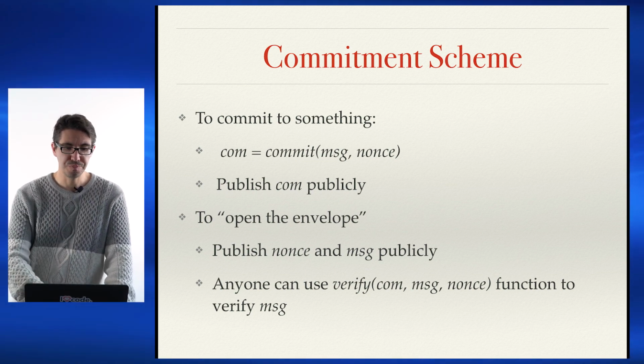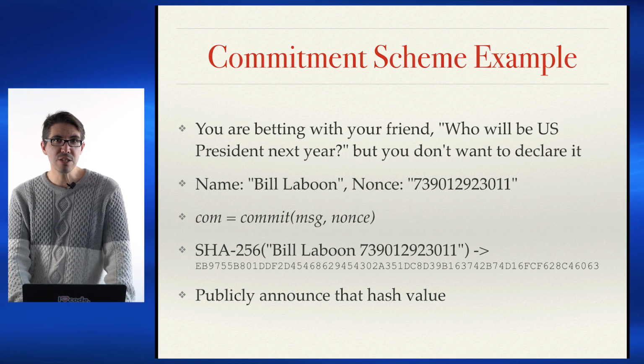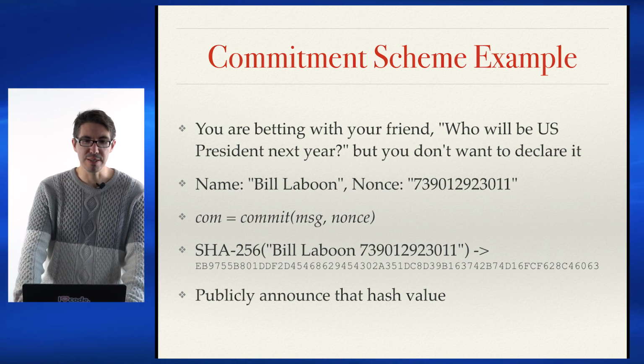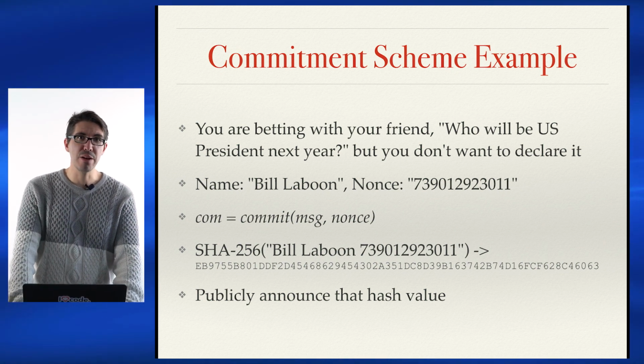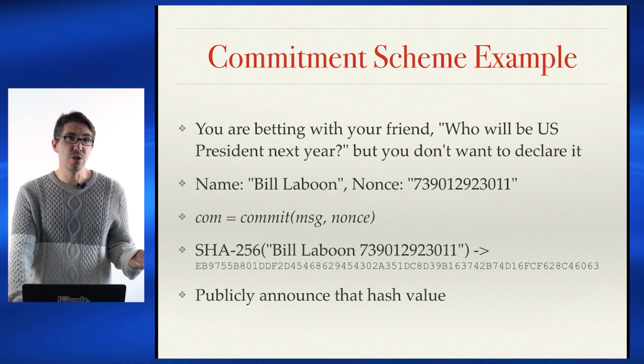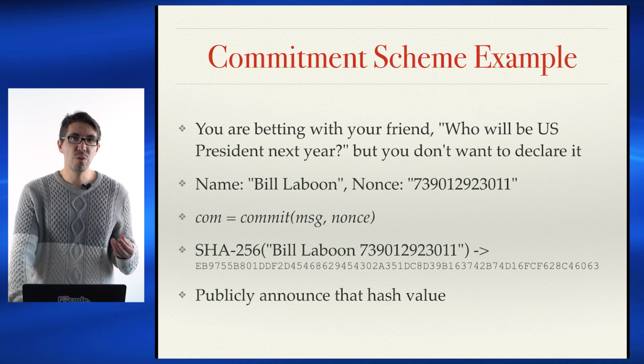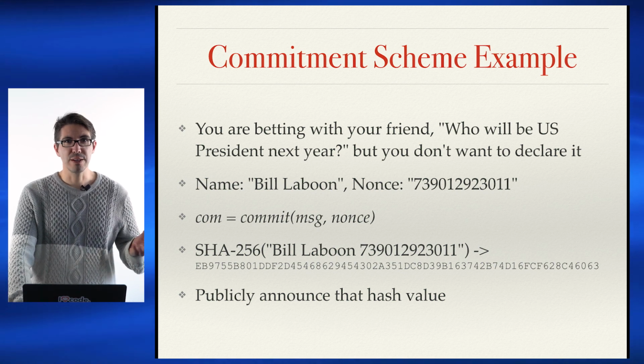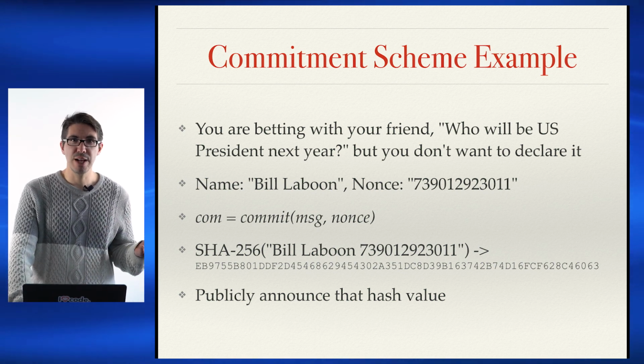And then anyone can verify that the message concatenated with the nonce will give you that same hash value that you committed to. So let's walk through an example with this commitment scheme. You have a bet with your friend, or perhaps multiple friends, on who will be the US president next year. But you don't want to declare it for whatever reason. You don't want to bias what your friends think.